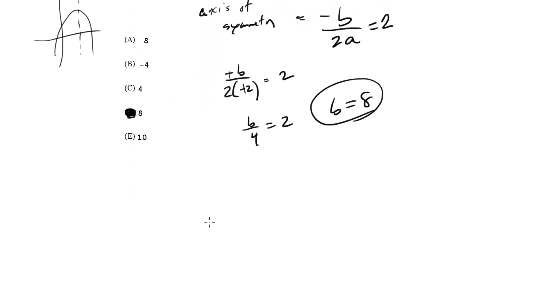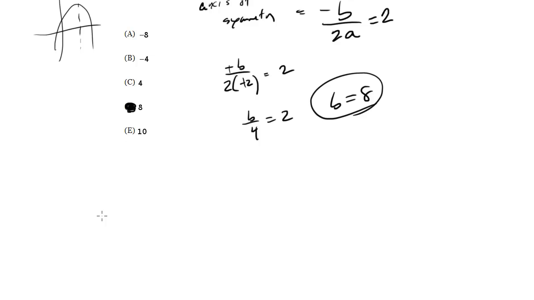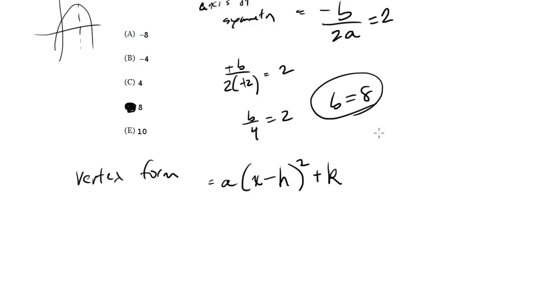Second way is to use your knowledge of the vertex form, which, remember, is going to be a(x minus h) squared plus k. And this point (h, k) is known as the vertex, and remember the vertex is pretty much what we found up here, right?